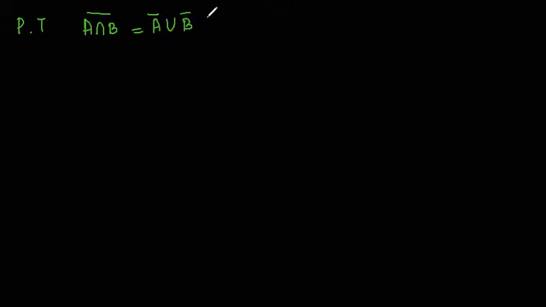Using set builder notation means we have to express it in the form {x such that ...}. So let's take our left hand side, (A intersection B) complement. How can we express it?